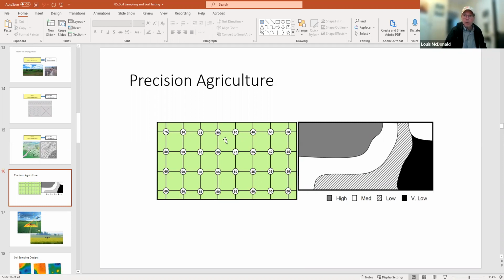Now your cell phone company knows where you are all the time, right? And so you can, with very, very inexpensive equipment, plot your position in a field. And so here, just because it was easier, I've shown a rectangular field, but you got all these points, right? And so you can sample at these points.